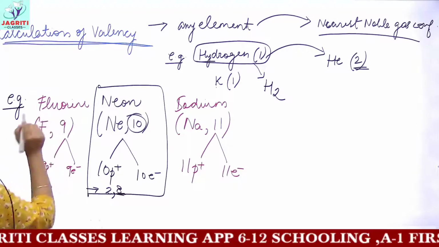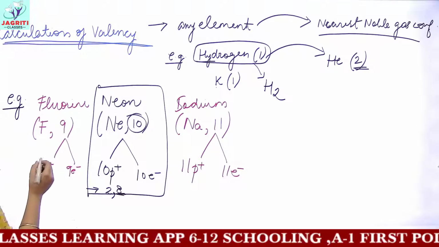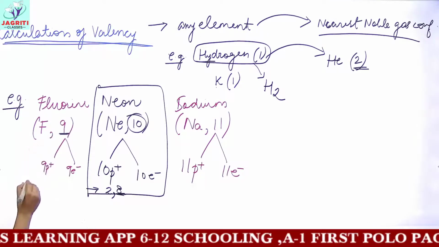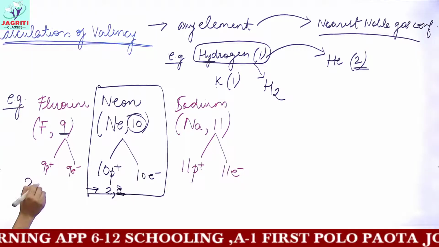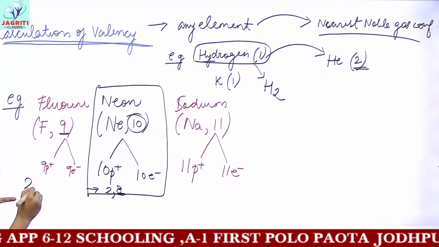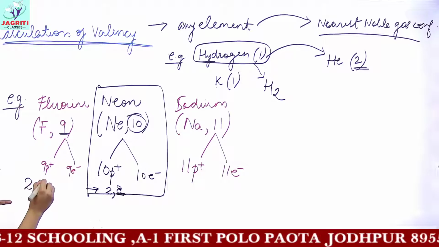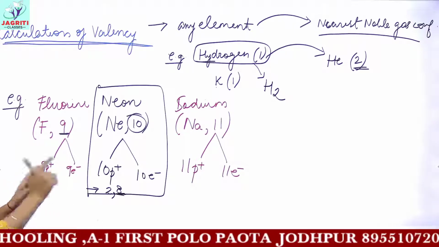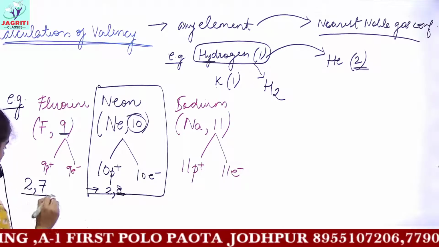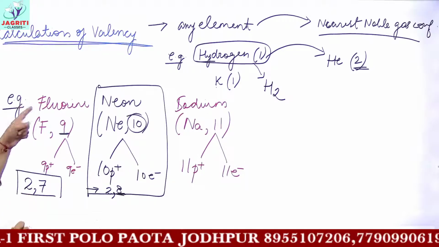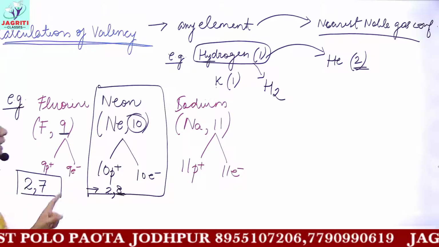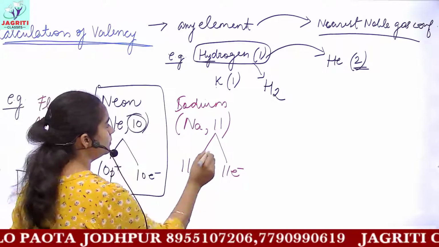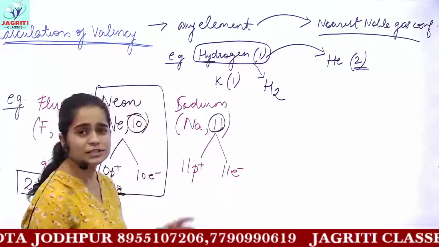But writing the electronic configuration of fluorine, I have only 9 electrons. Of these 9 electrons, 2 electrons will come in the K shell, and then the remaining 7 electrons, because 7 plus 2 gives you 9. So the electronic configuration of fluorine would be 2, 7. Similar will be the case of sodium. Can you write these 11 electrons in the different shells?